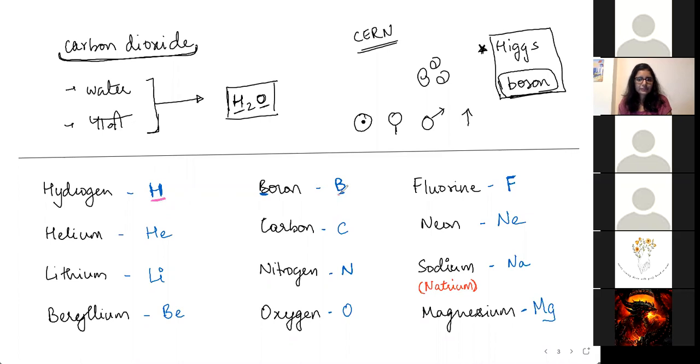All the single letters are capital letters. And in case it's a double letter symbol, the first one should always be capital and the second alphabet should always be a small letter. It will always be in this format. If you change even a tiny little thing from this format, it is going to be wrong.